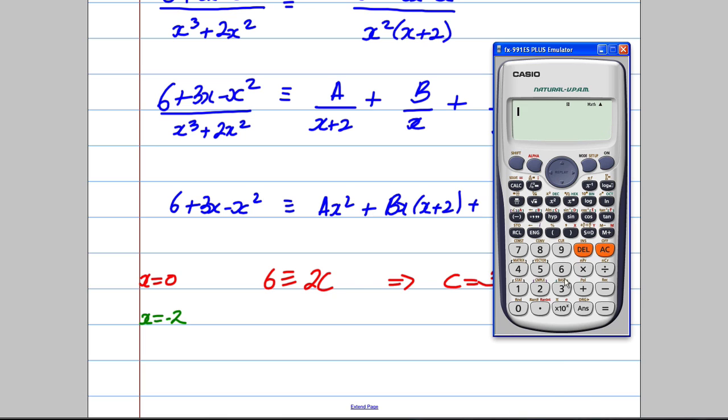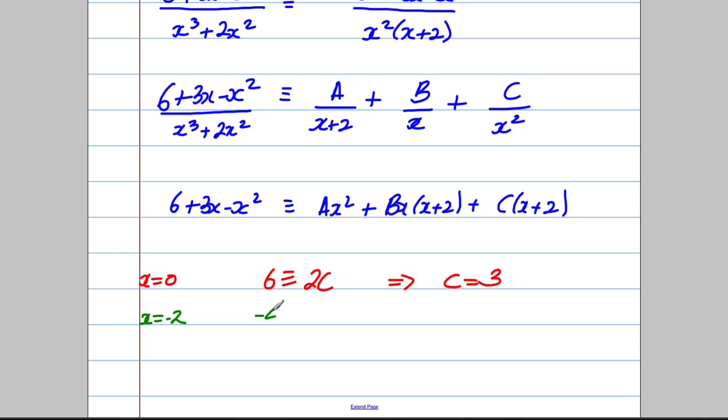Let's write this out in the calculator: 6 + 3x − x squared, and I let x be negative 2, I get negative 4. So negative 4 is the same thing as, that would disappear, and negative 2 all squared would be 4, so I get 4a, and that would tell me that a is therefore equal to negative 1.